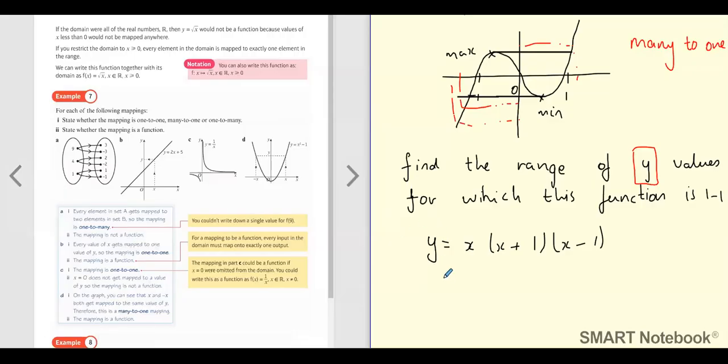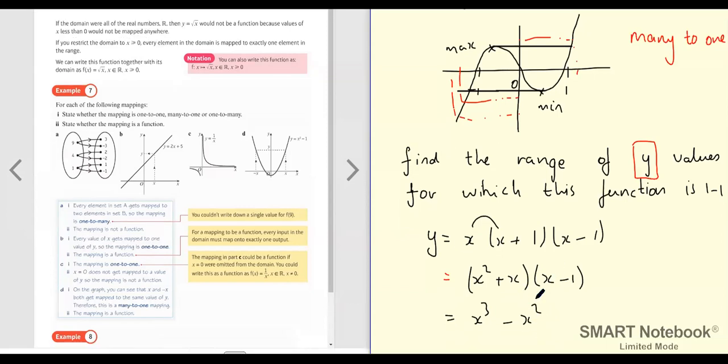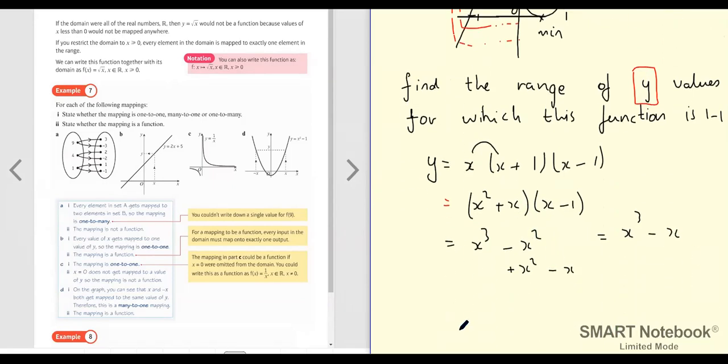Okay, so before we can differentiate, we now need to expand the brackets. So x squared plus x, times x minus 1. And so we've got x cubed minus x squared, and then plus x squared minus x. So we end up getting x cubed minus x as our y value.